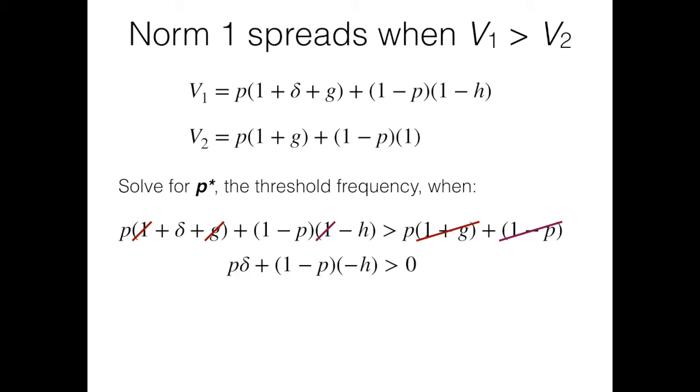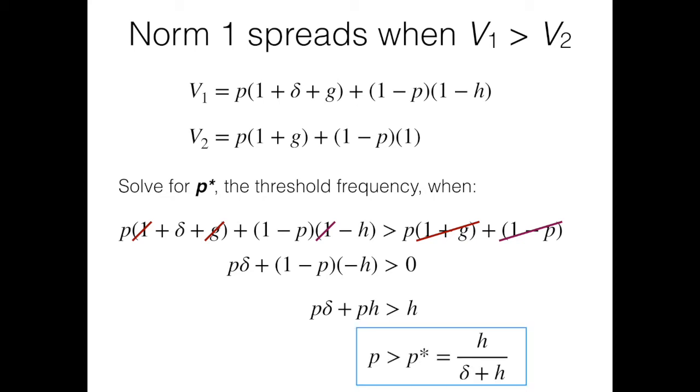Let's keep doing this. This reduces to this. Now let's get p all on one side. And we solve for the case where, for the payoff for norm 1 to be greater than the payoff to norm 2 on average, p has to be greater than p star, which is h divided by delta plus h.